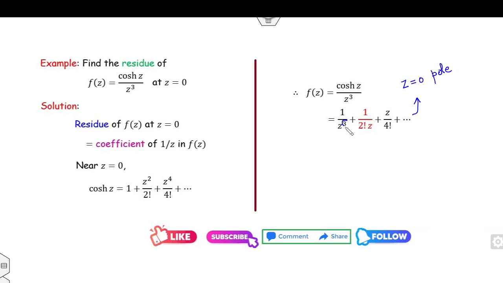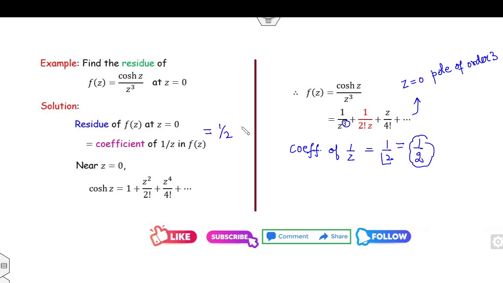What is the highest degree? 3, so a pole of order 3. Otherwise, to find the residue, what is the coefficient of 1 over z? Clearly, the coefficient of 1 over z is 1 over 2 factorial, which means 1 over 2 is the residue.